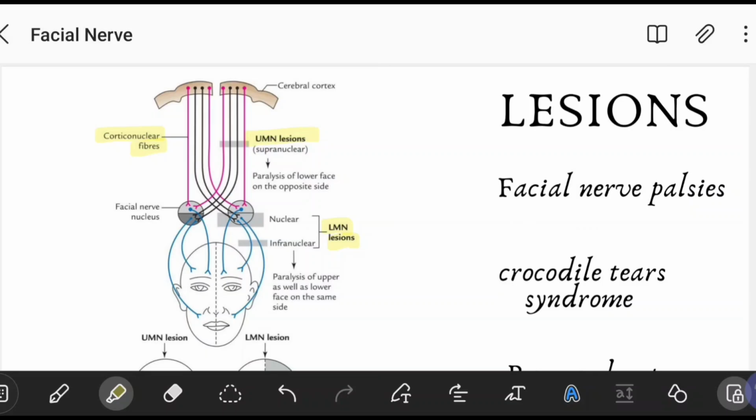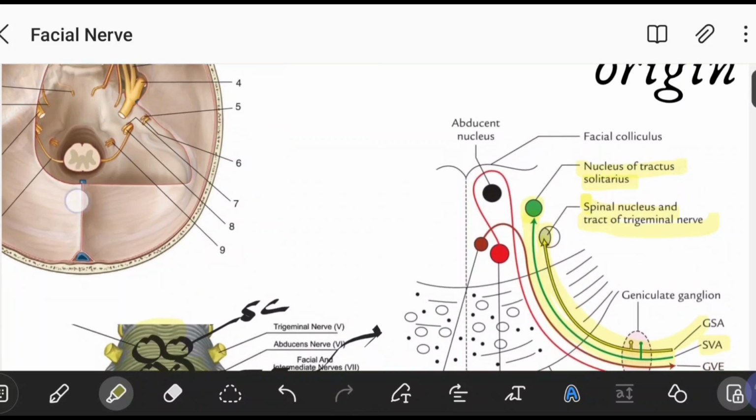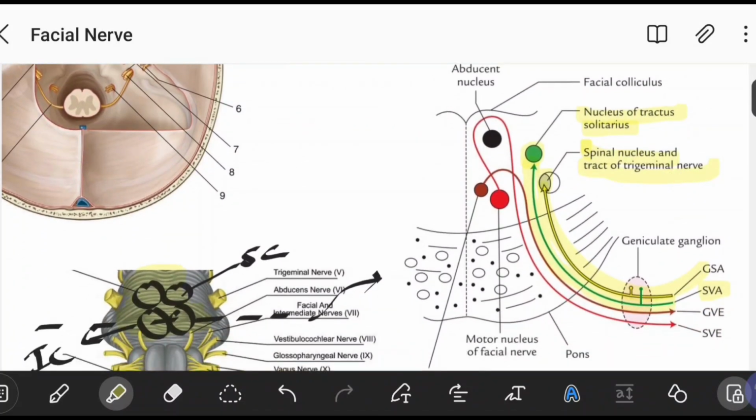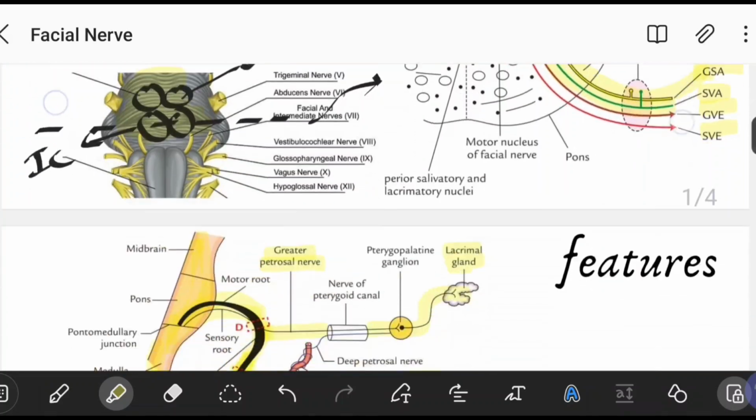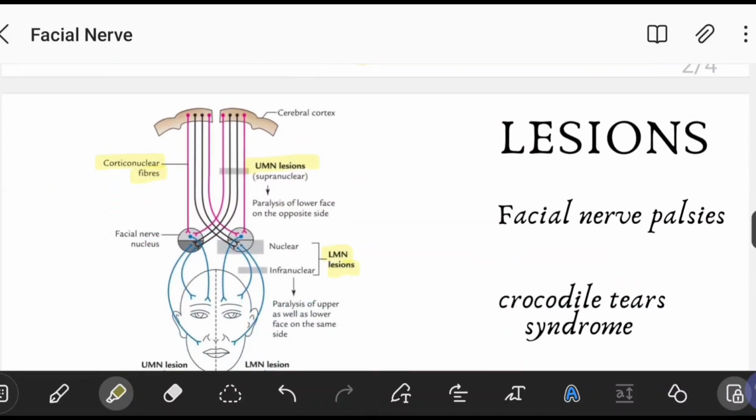Now from the pons, as we studied, there are four nuclei which give rise to all these fibers. From there onwards to all this region, if any lesion happens over here, then we say it's a lower motor neuron lesion, your LMN lesion. So I hope this is very clear.